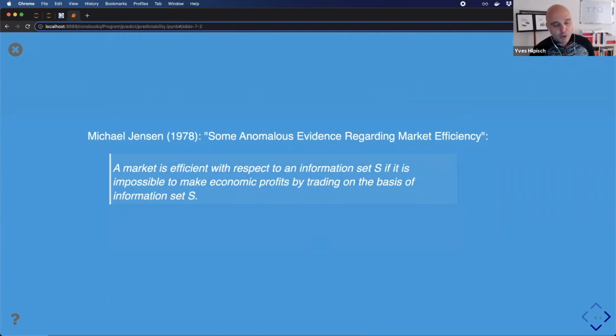So, a bit more modern here, the definition of efficient markets. The other one was related to random walks, pretty similar, but not exactly the same. A market is efficient with respect to an information set S if it is impossible to make economic profits by trading on the basis of information set S. And here it's important: economic profit. So in my book, AI and Finance, I have one part which is focusing on statistical inefficiency. That's the starting point.